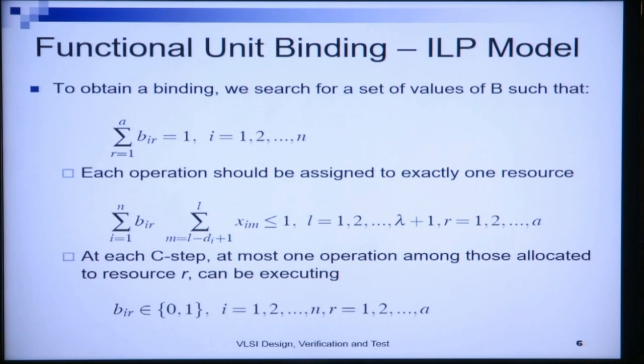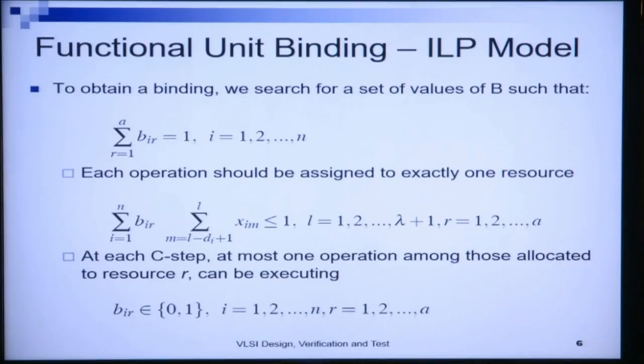And when will operation i be executing at time step l? If it has started at most d_i time steps earlier than l. If it has started even earlier than d_i time steps from l, then it has already finished. If it has not started at all, then it is not executing.